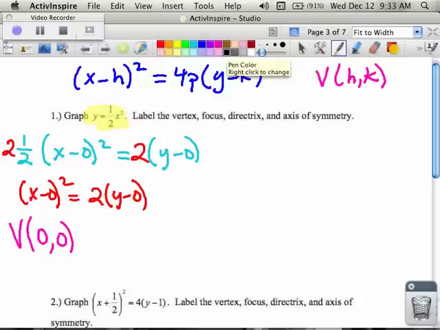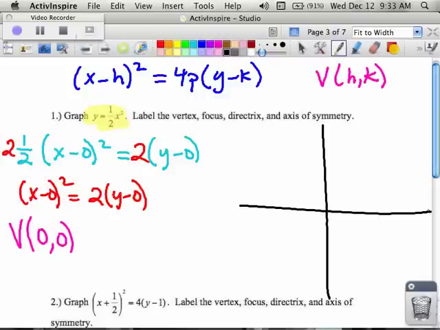It is now probably going to be helpful to actually draw a coordinate axis system. So I would draw that coordinate axis system, and I will place my vertex where it belongs at the origin. Again, everything's going to be based on this vertex. Knowing that I have my vertex now, I look at the number that's in front of my non-squared parentheses. I notice that it's positive.